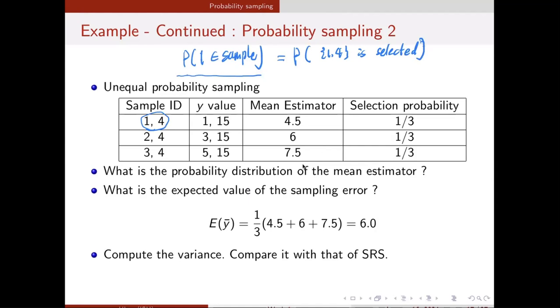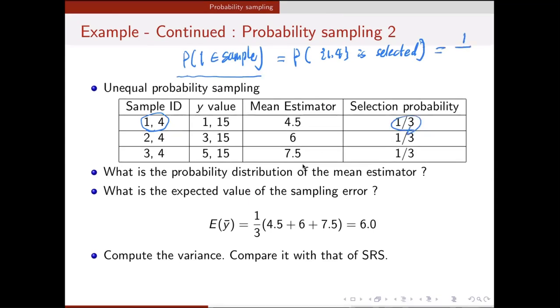So this is the only way. And this probability is by design 1/3. So this is known and positive. What about 2? Of course, this one is also 1/3, right? What about 3? Okay. And check.